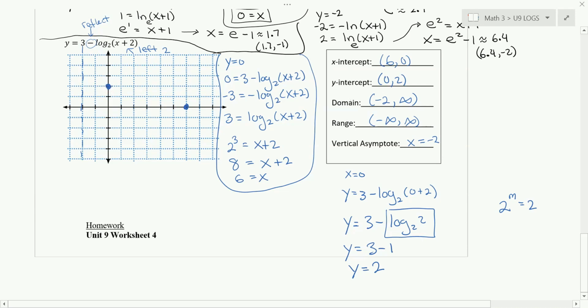And then I want to find a third point for my graph. What would be a good value for y to plug in? 2, we already know. We have that one. That's our y-intercept. So try plugging in a 1.